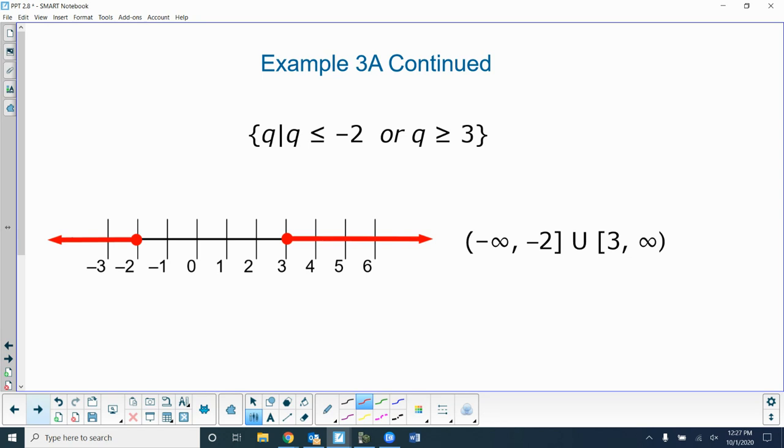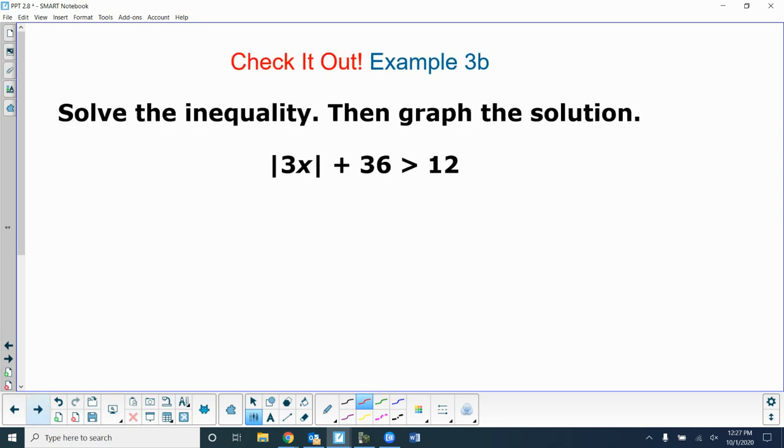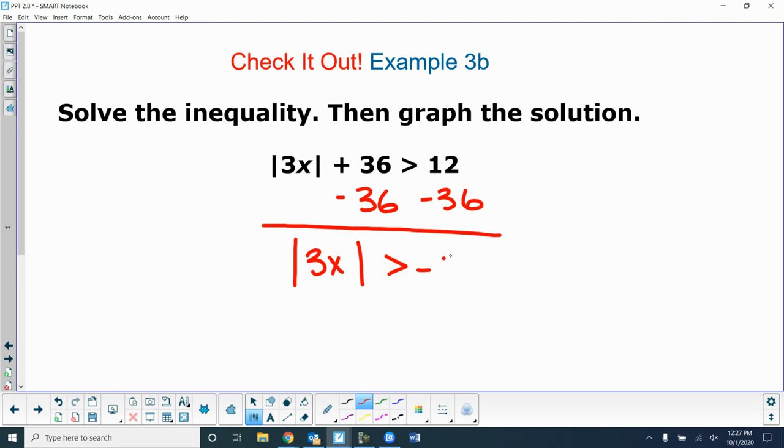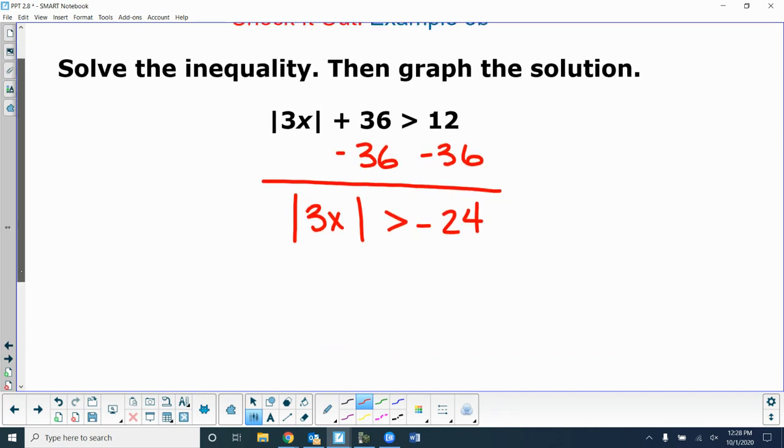Audrey, you ready? What do I do first? You're going to solve it to add the 36. Good. We have to get that 36 over first. Some of us go kind of fast and then we forget this little step. Alyssa, now what? 3x is less than 24.